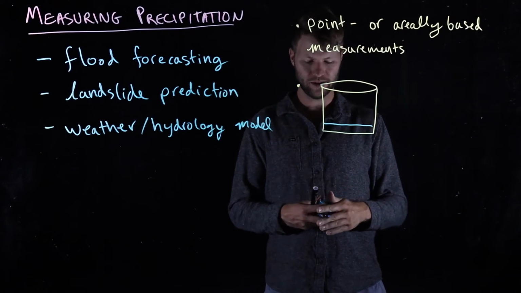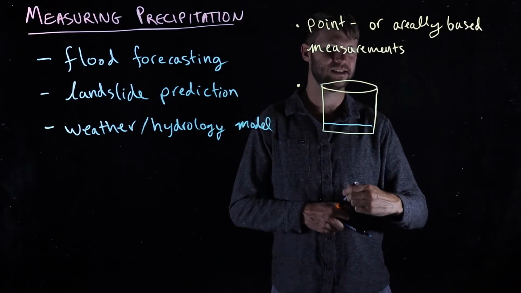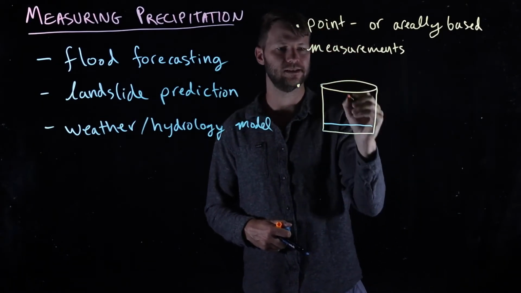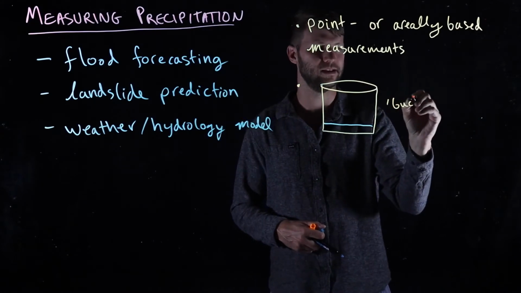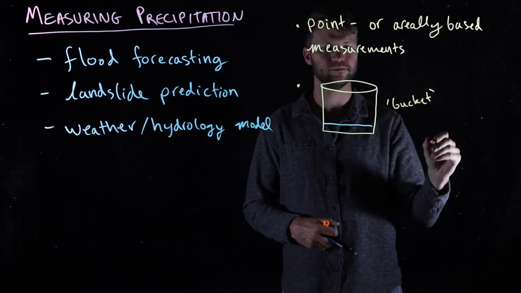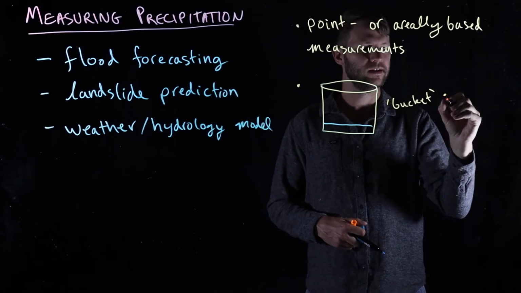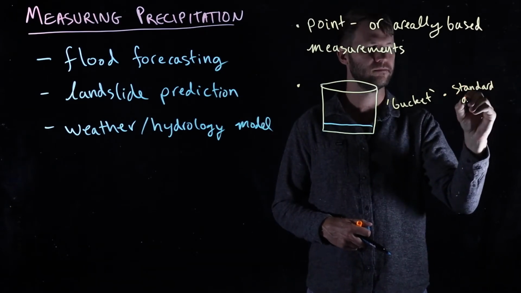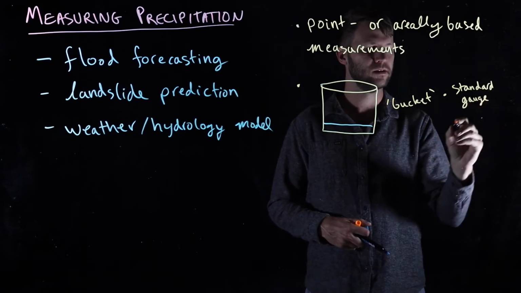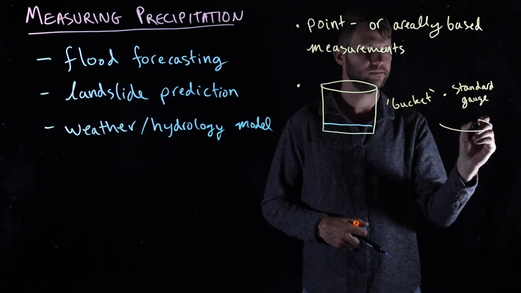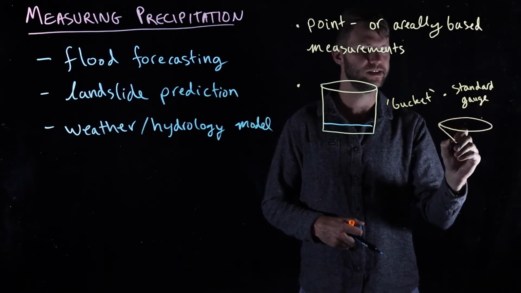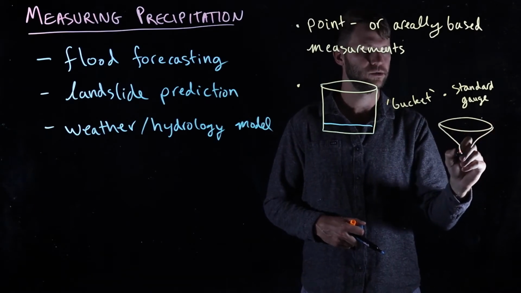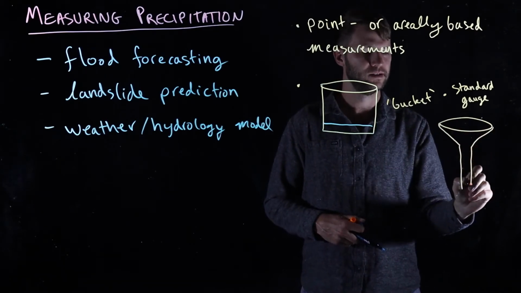But we can improve on this with what's known as the standard rain gauge. So this here is the bucket method. In the standard gauge method, there's an opening that then reduces via a funnel to a graduated cylinder.